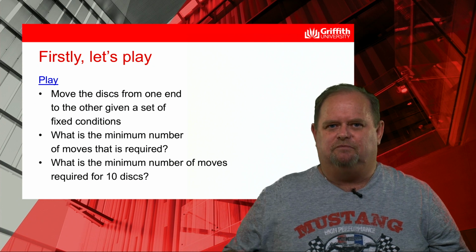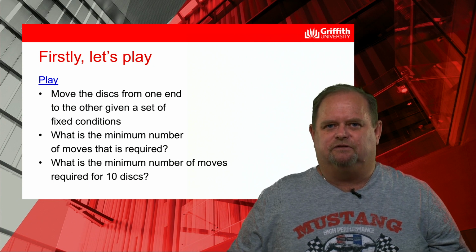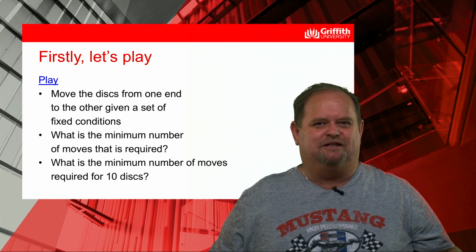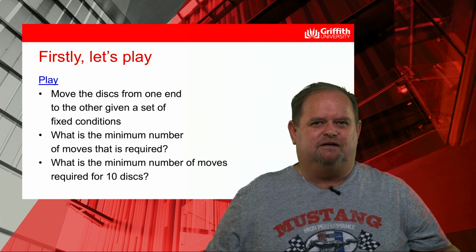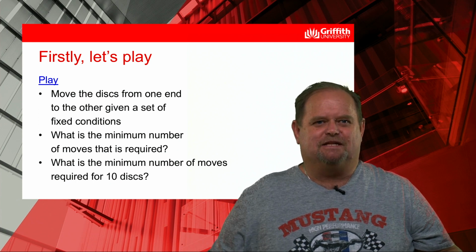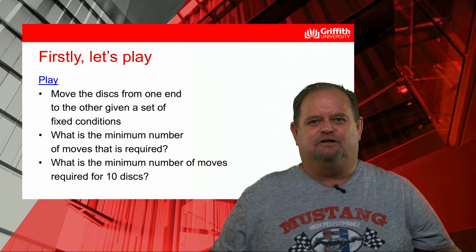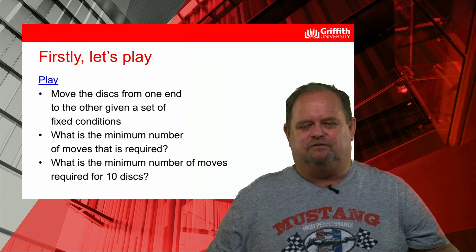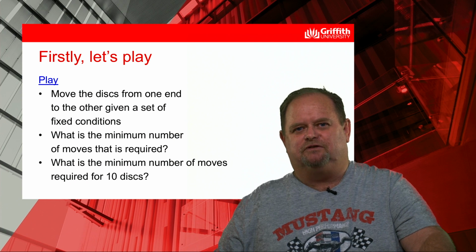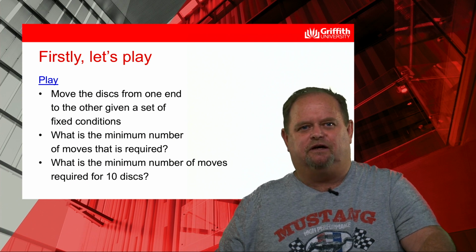Kids can manipulate it on their devices and play the game, which gets them solving problems using some sort of strategy. The question is: what's the minimum number of moves required to move the discs from one end to the other?